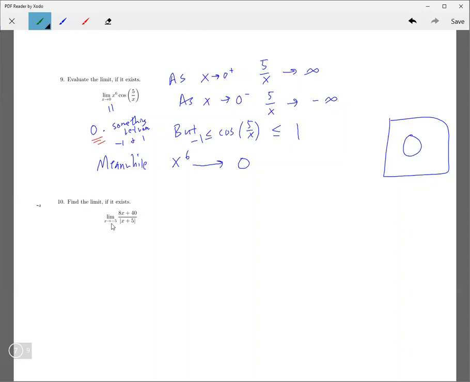Number 10. So here, the numerator, you can factor an 8 out of the numerator, and that gives you x plus 5, right? And you're dividing by the absolute value of x plus 5.